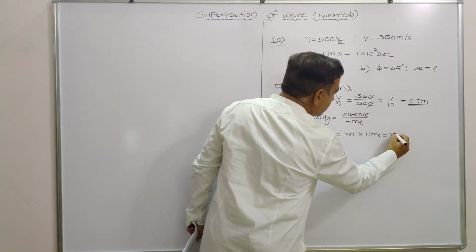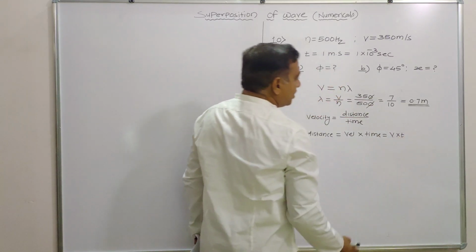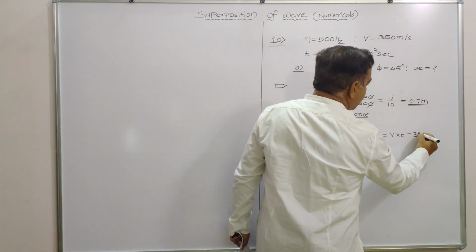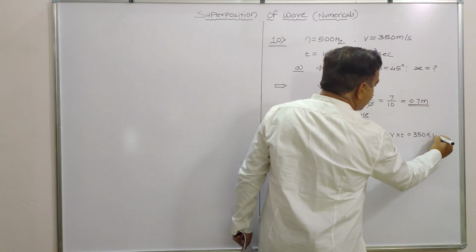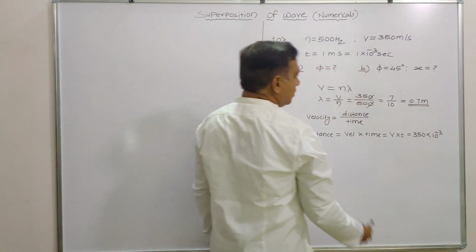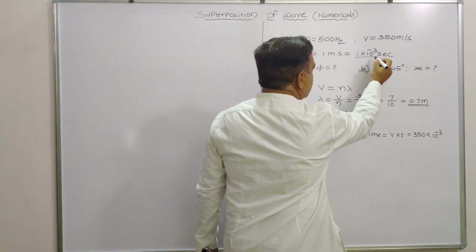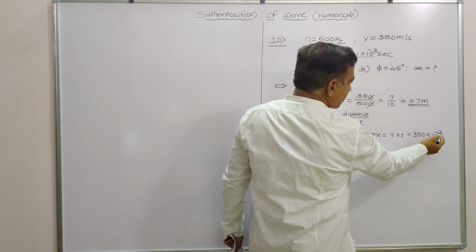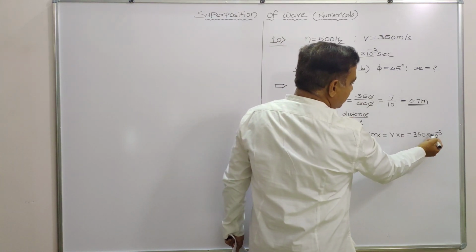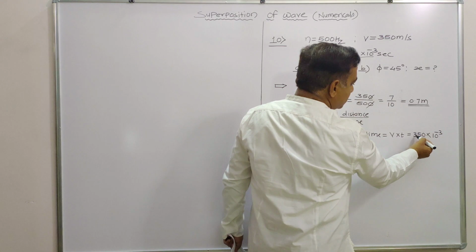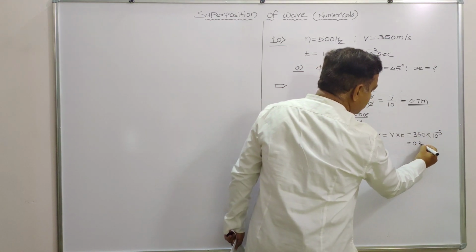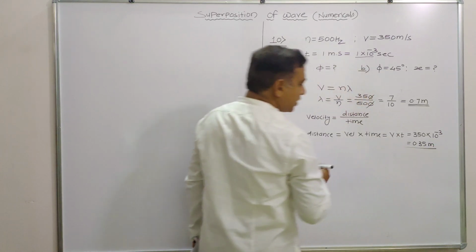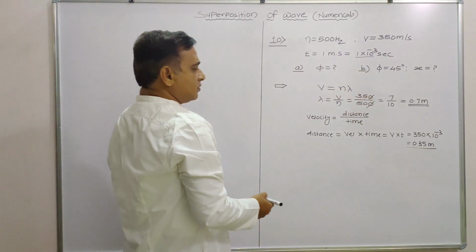So it is equal to V into T. We already know V. V is 350 into time 10 raised to power minus 3. 1 into 10 raised to power minus 3 means it is 10 raised to power minus 3. So we want to shift this point towards the left. 1, 2, 3 means here it is 0.35 distance, it is in meter.